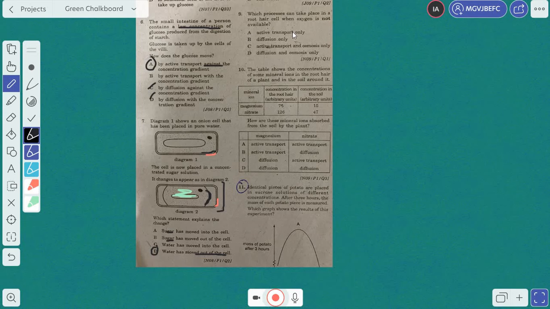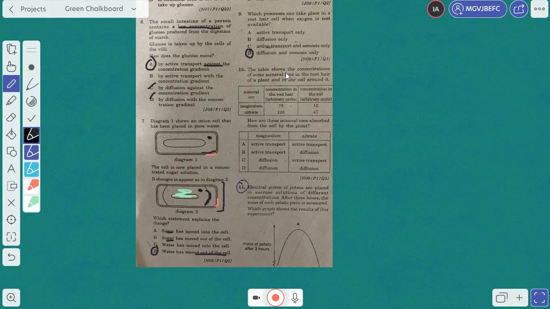So it's definitely not A. Yes, it could be B, but let's read it. Definitely not C, because active transport is coming here. Well, the answer to the following question should be D. Why D? Because diffusion and osmosis, as discussed earlier in the last video, are passive processes. They do not require energy, because they don't need oxygen to break down glucose.